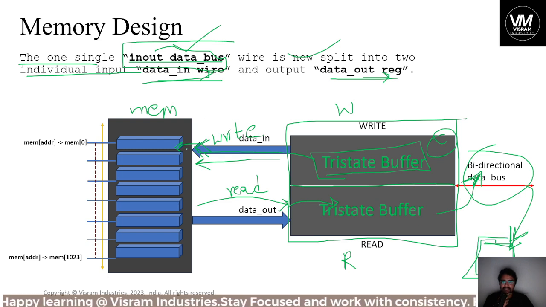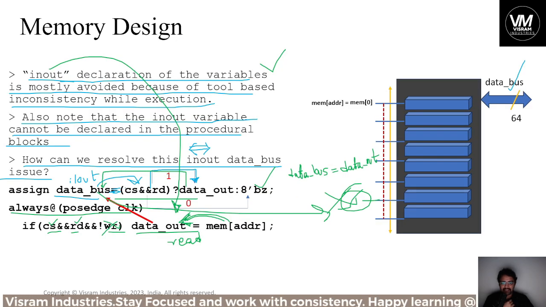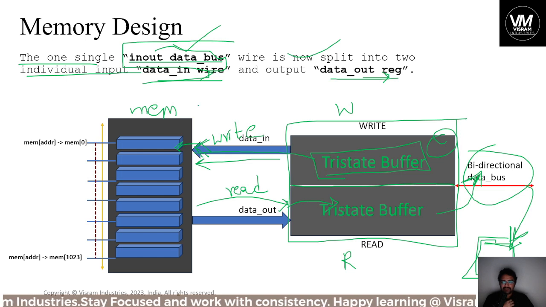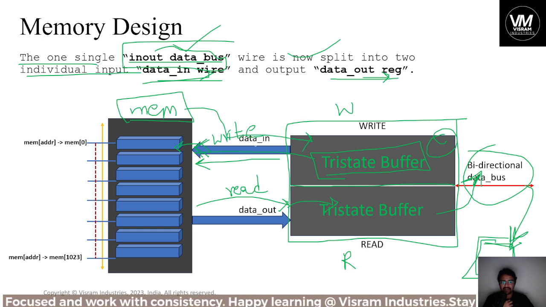Understood my point? So this is how you can resolve the bidirectional issue as well. This is another solution. So keep in mind, for the memory, you can assign a tri-state buffer for the data in wire and data out register.